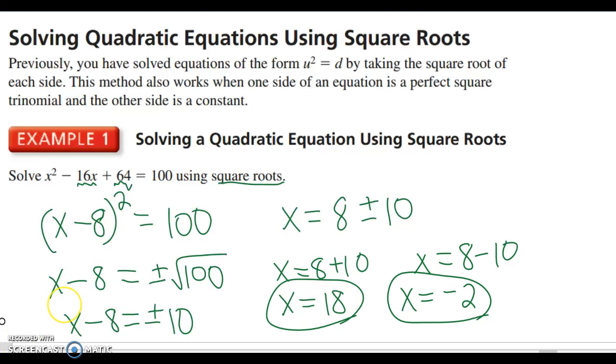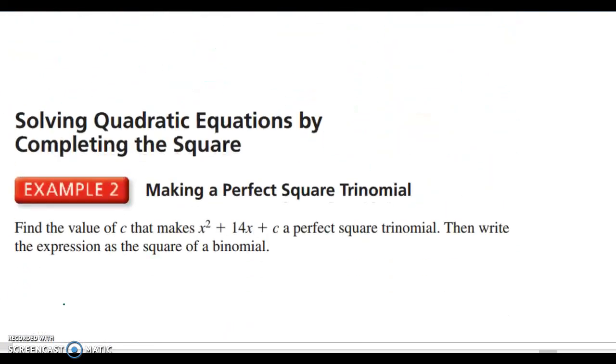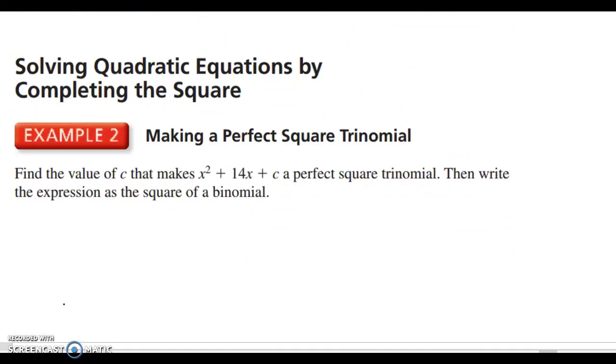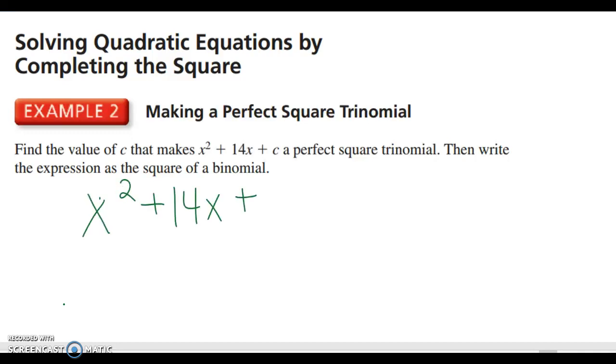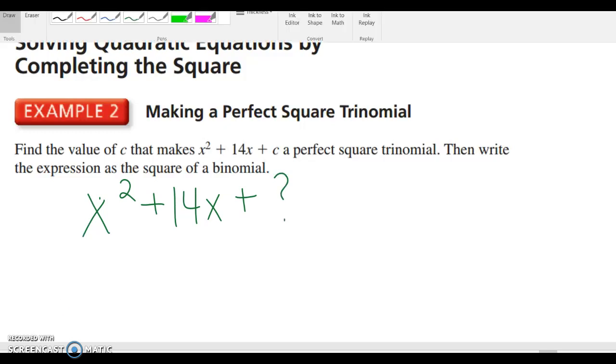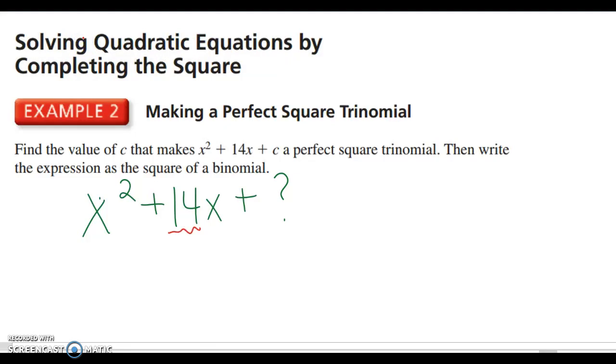Now look at example 2. Making a perfect square trinomial. So sometimes we're not going to have a perfect square trinomial, but we can complete the square and make it happen. So if I have x squared plus 14x and I want to figure out what c is, I take my b term, which is 14, and I divide it by 2, and then I square it.